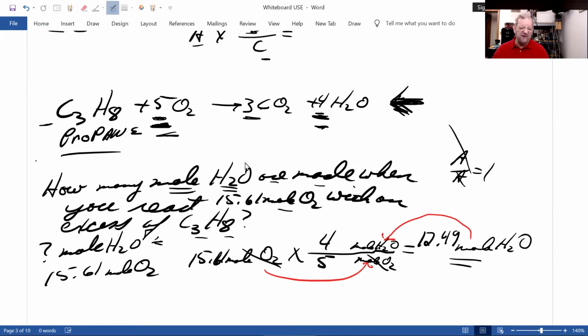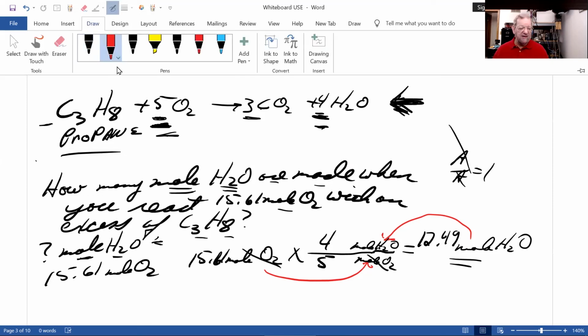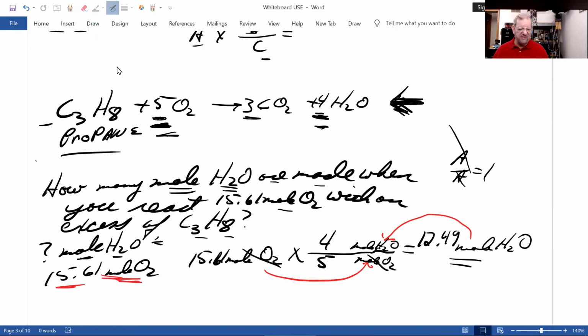And remember, find out what are you trying to get to? What are you given? You're also given the balanced chemical equation. And therefore, I start here. This is what I have. I'm trying to get to this. I use unit analysis.